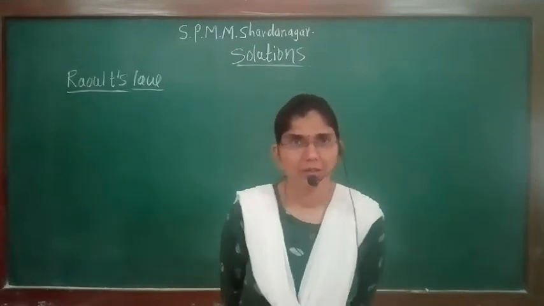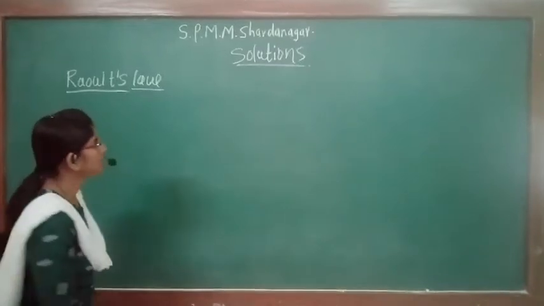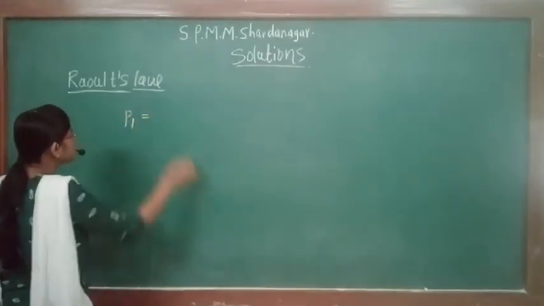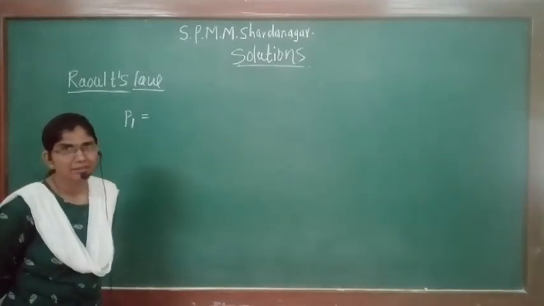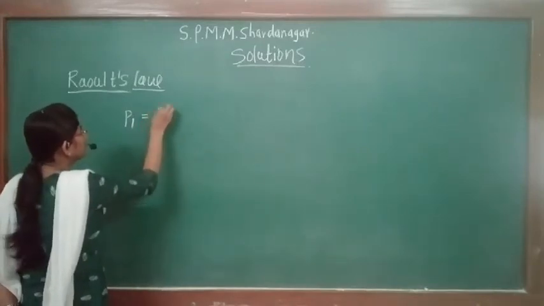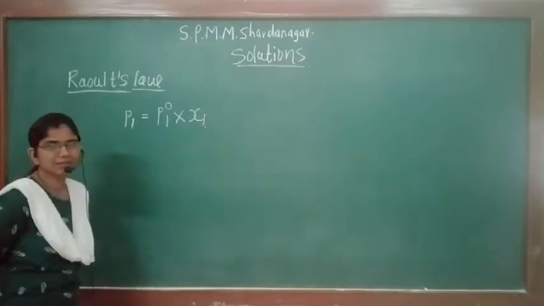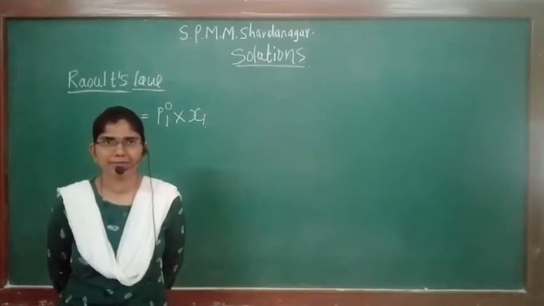So Raoult's law is mathematically written as, for the first component A1, P1 is equal to P01 into X1. This is Raoult's law for the first component.